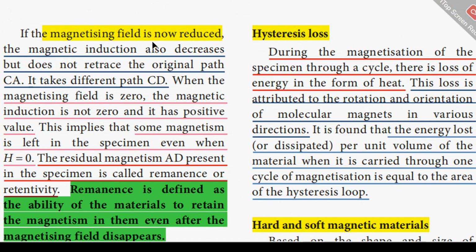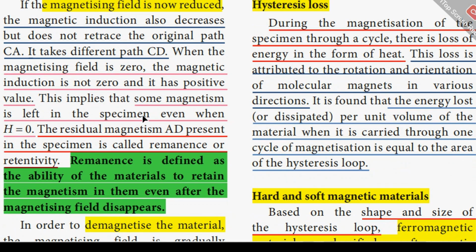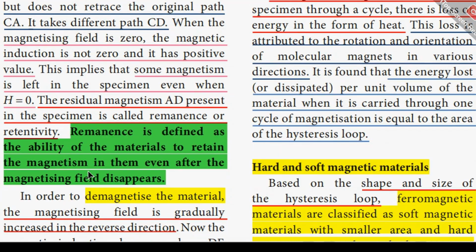When the magnetic field is 0, the magnetic induction is not 0 and it has a positive value. This implies that some magnetism is left in the specimen even when the magnetizing field H is equal to 0. The residual magnetism AD present in the specimen is called remanence or retentivity.